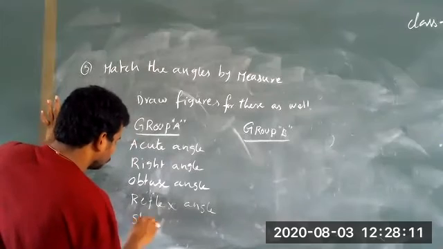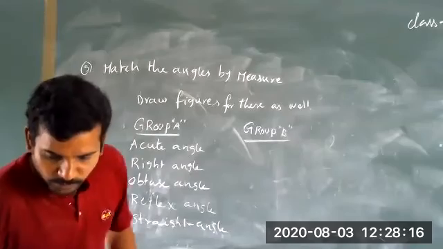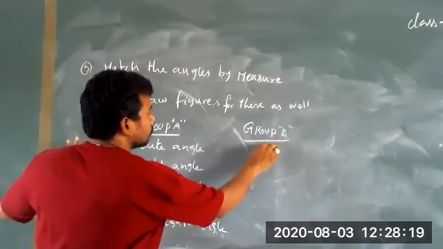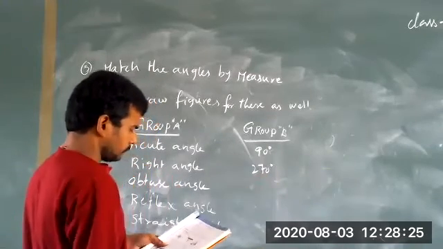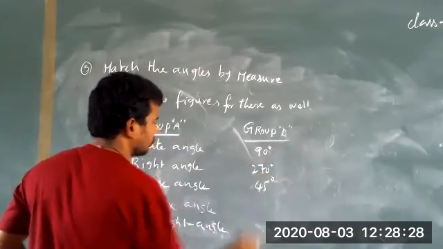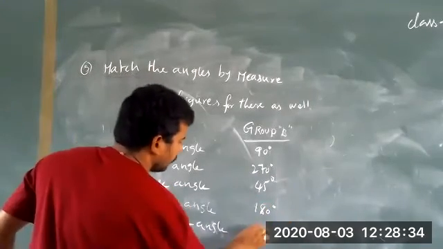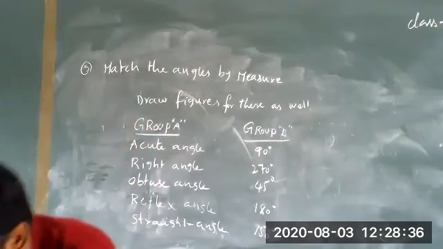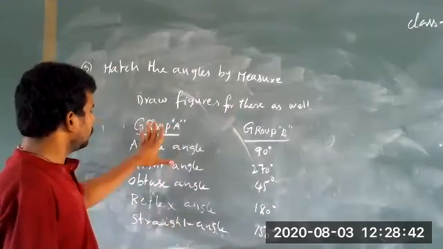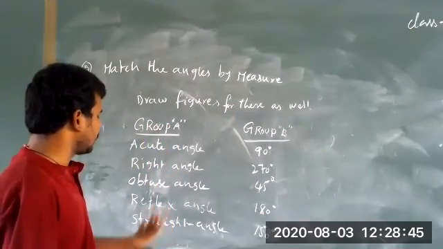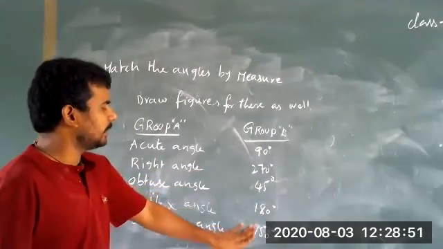Straight angle. In group B: 90 degrees, 270 degrees, 45 degrees, 180 degrees, and 150 degrees. So now match the following, children. In group A, acute angle, right angle, obtuse angle, reflex angle, straight angle are given. In group B, degrees given are 90, 270, 45, 180, 150.